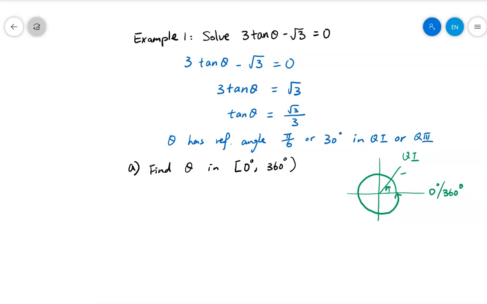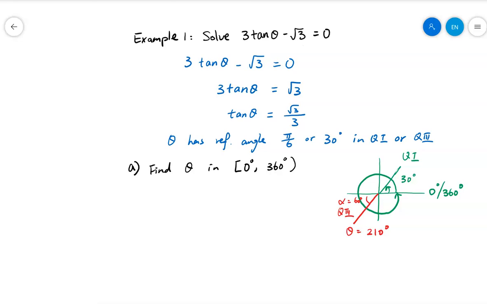If it's in quadrant 1, then it's very straightforward. My angle theta is going to be pi over 6 or 30 degrees. Since my interval is in degree form, I'm just going to keep the degree answer. If theta is in quadrant 3, that means I'm going to have a reference angle of 30 degrees, so theta is going to equal 180 plus 30, which is 210.